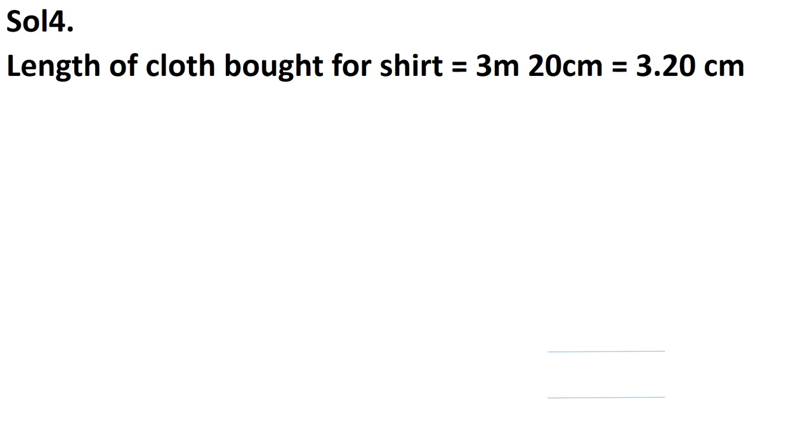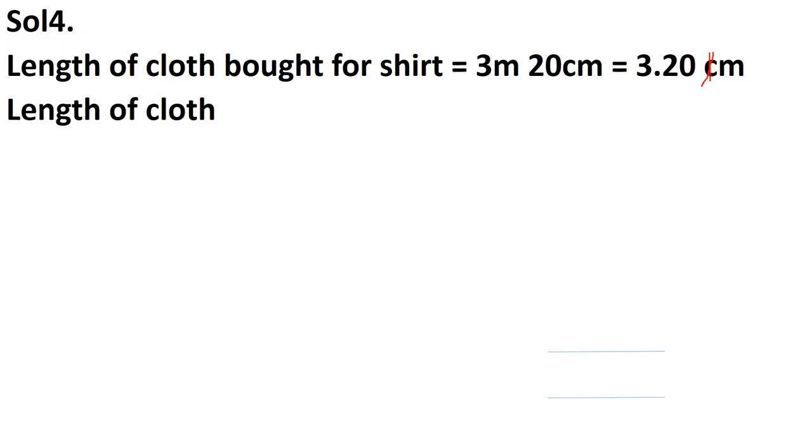Here is one mistake beta. Let me tell you, just wait. Yes, here meter will come. Okay, when we convert into decimal form, so bigger unit will come. It is 3 meter 20 centimeter. So it is now 3 decimal 20 meter.